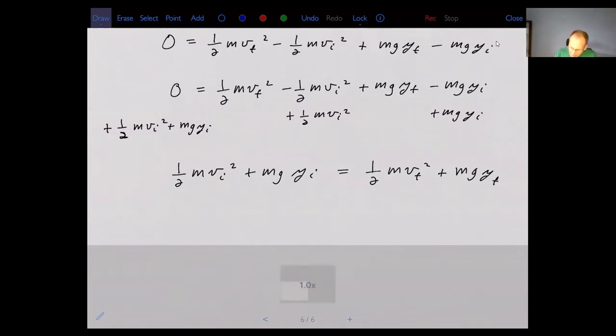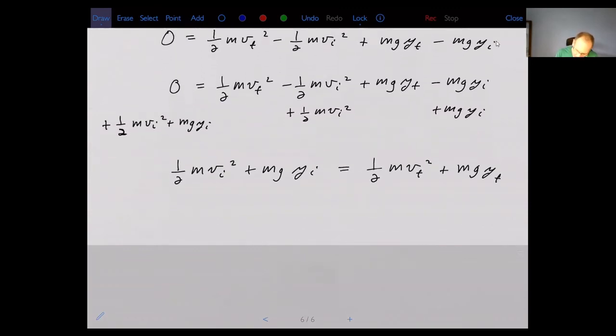So basically, my initial kinetic energy, I'll call it Ke, plus my initial potential energy, I'll call it Pe instead of U, has to equal my final kinetic energy plus my final potential energy.